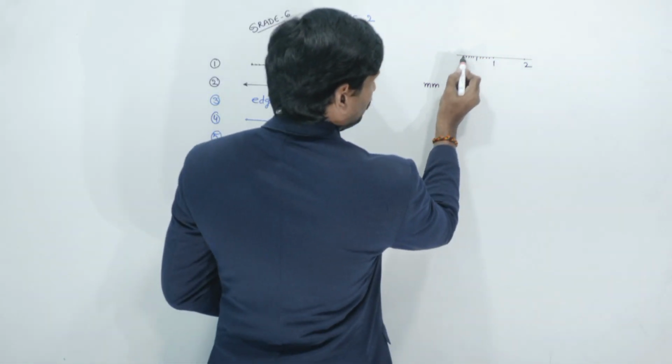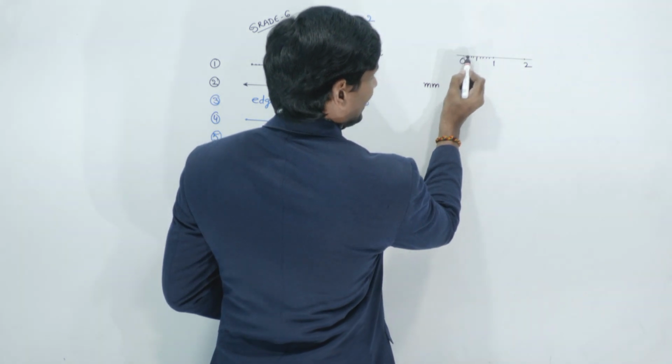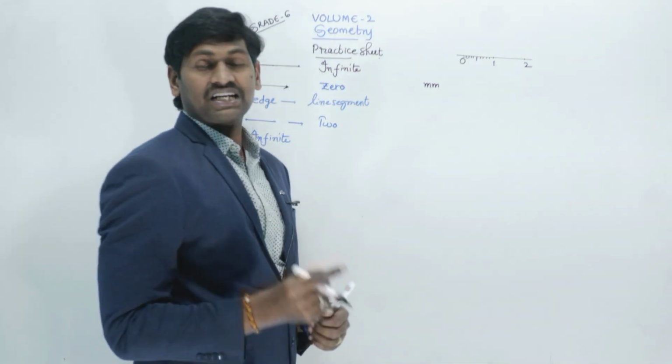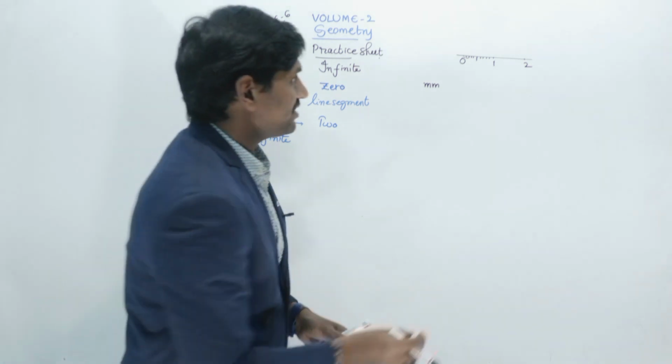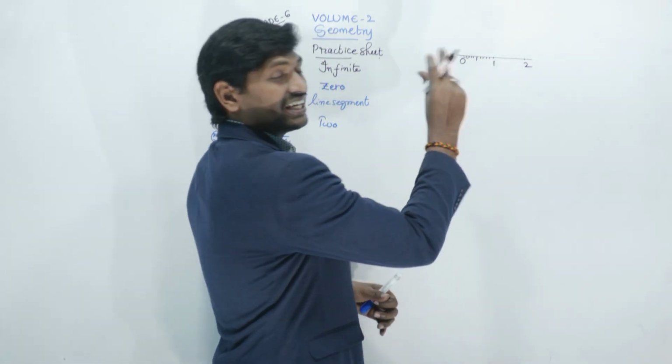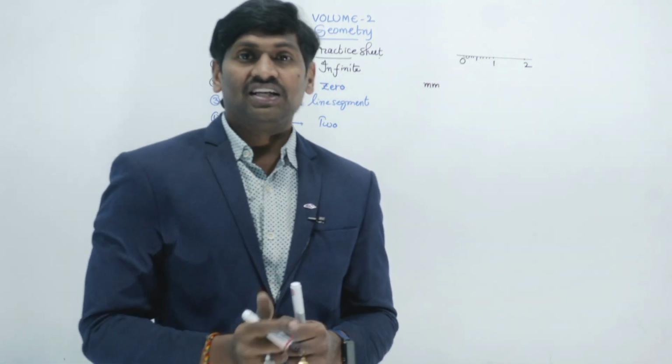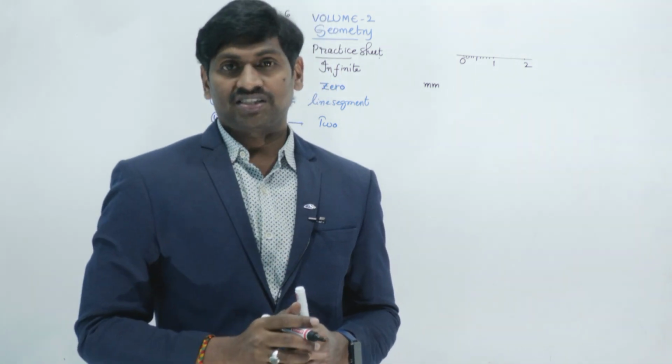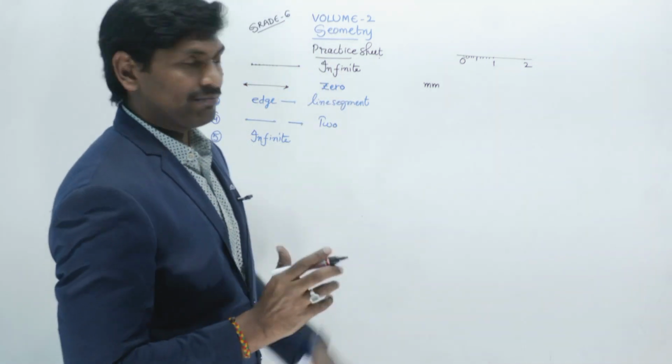From 0 to the first line, the gap is called a millimeter. So in 1 centimeter there are 10 gaps, which are 10 millimeters.